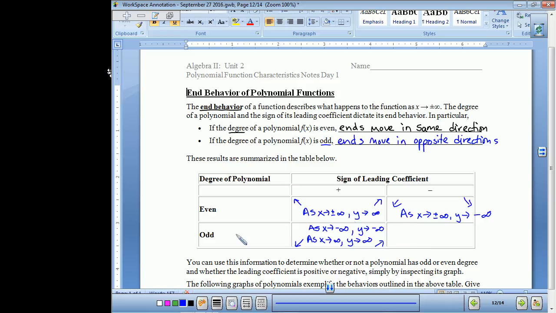Which is the opposite here. If the degree of the function is odd and it has a negative leading coefficient, it rises and falls. So as x approaches negative infinity, y approaches positive infinity. And as x approaches positive infinity, y approaches negative infinity.